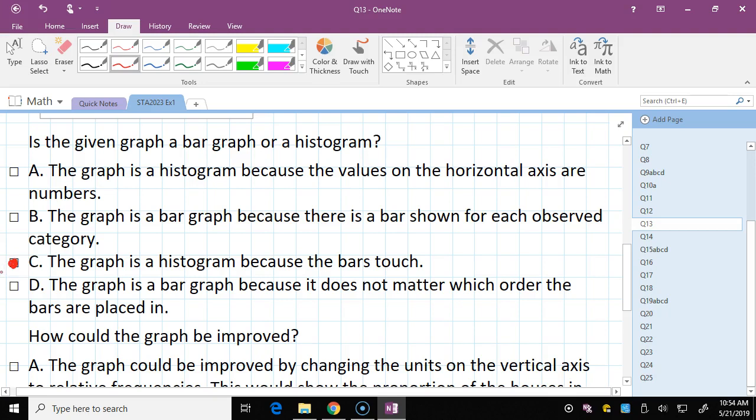This is one of those questions where I could have almost argued some other stuff too. I could almost argue that it's a bar graph because it's kind of been coded that way. They use coding on this, which generally is used in categorical variables. But the fact remains that my bars touch. That's a histogram. That's the key.